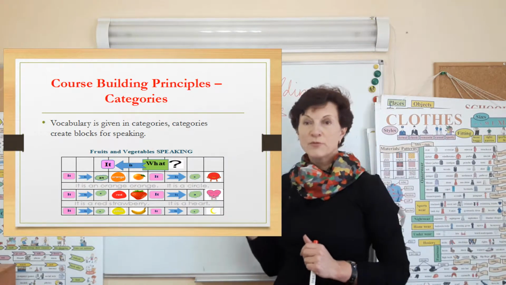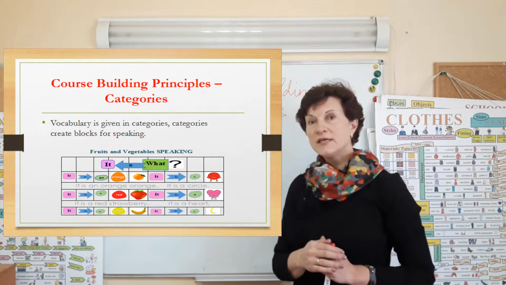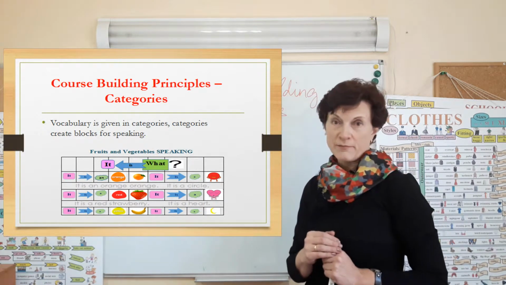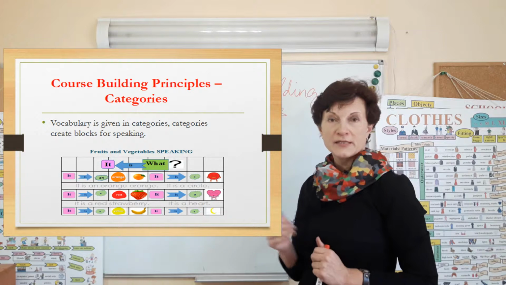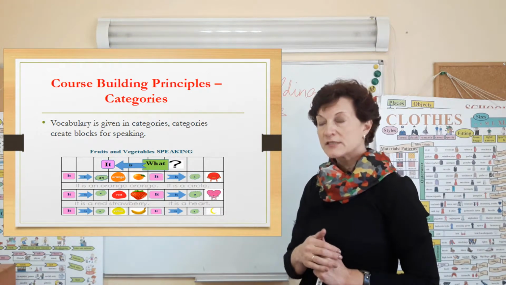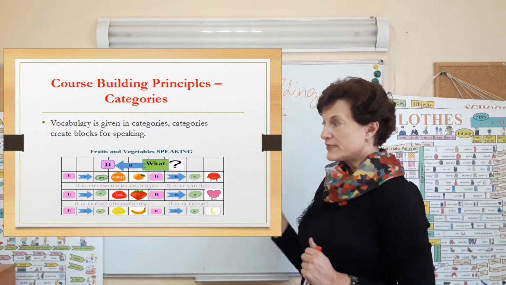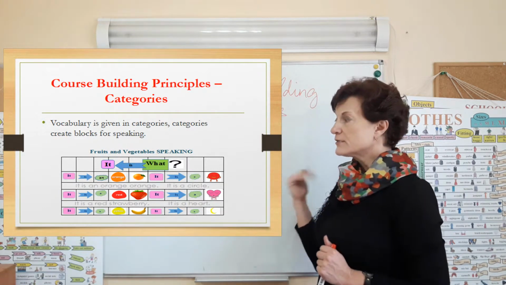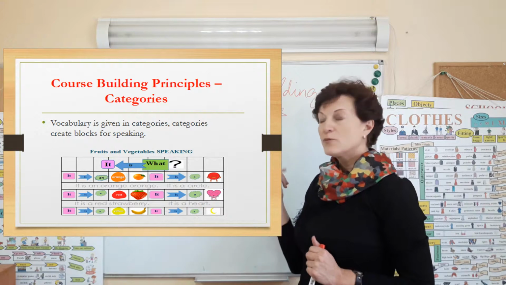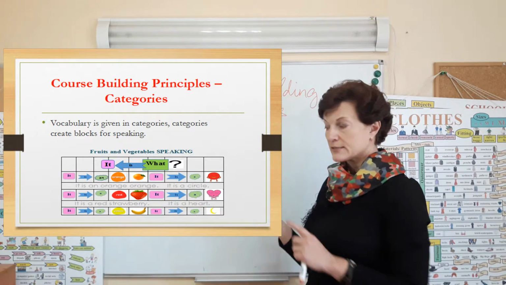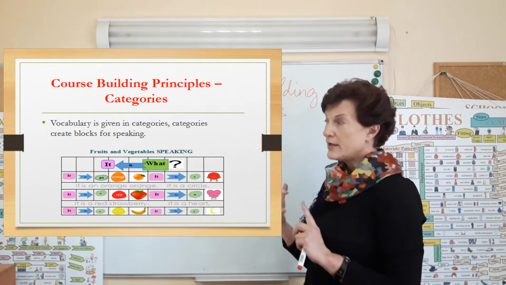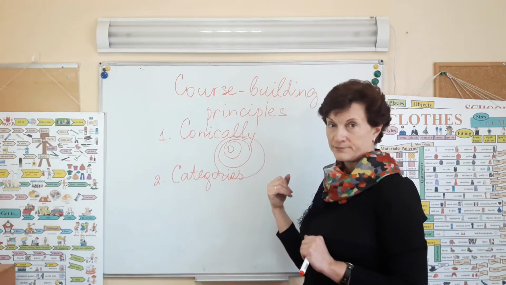In this PowerPoint slide, you see a part of a speaking map, which is grouped in the categories, and the students use the categories for talking about fruits and vegetables. You see that here, for talking about fruits, they will use such categories as color, shape, and the fruit itself.